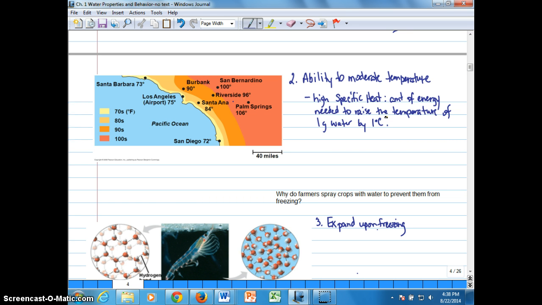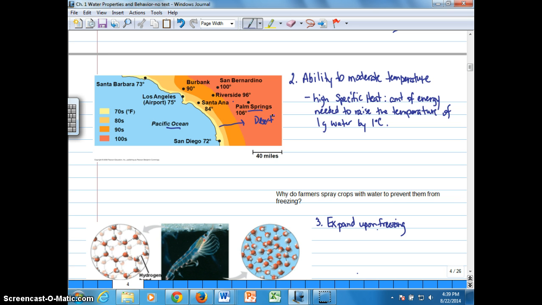What we can kind of apply to large land masses is, here we have the Pacific Ocean. The air on the coastal areas next to the ocean has a high concentration of moisture. And we compare that to just a couple hours inland where there's a desert and the air is much drier.